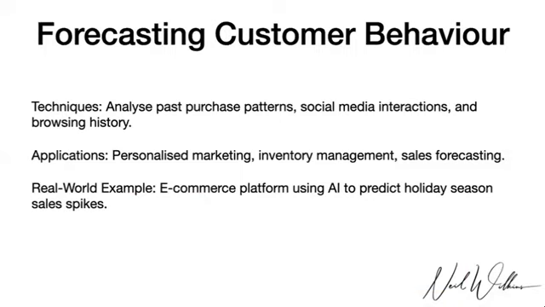These things are going to become much more valuable to us as we start to see some real world examples playing out. So can you imagine if you were an e-commerce platform and you were using AI in this way to predict holiday season sales spikes, which are the bane of most e-commerce businesses' lives, because those spikes mean that you haven't necessarily got the right inventory or the right level of stock to be able to serve those sales spikes.